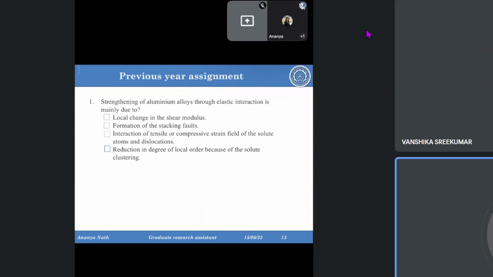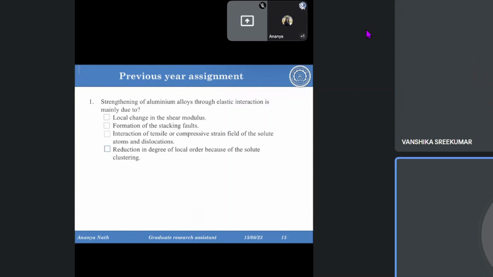Read the question again: strengthening of aluminum alloy can be done in four ways, in which using elastic interaction, what mainly happens? Using elastic interaction, the first one, local change in shear modulus, and the third one.